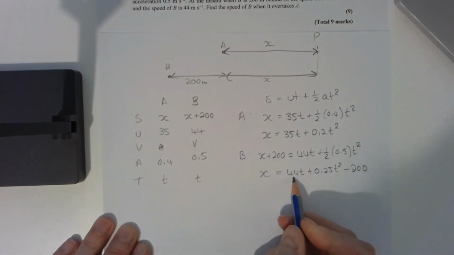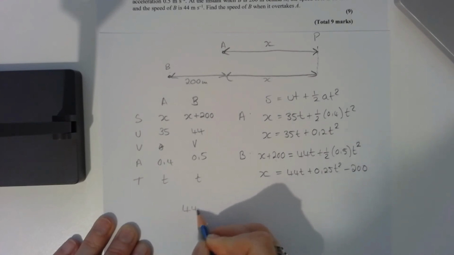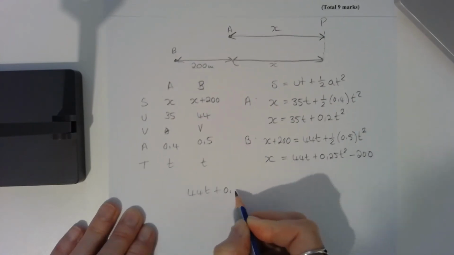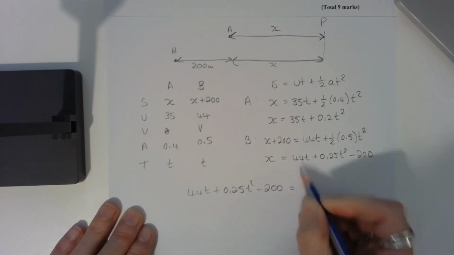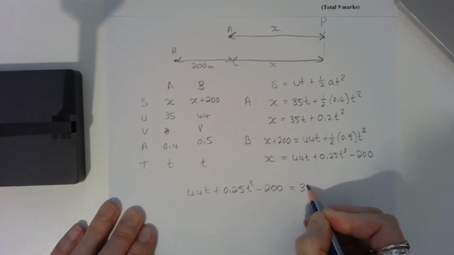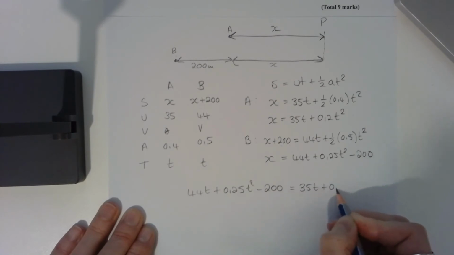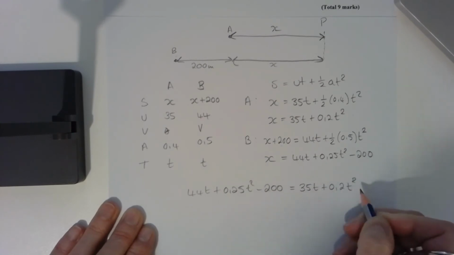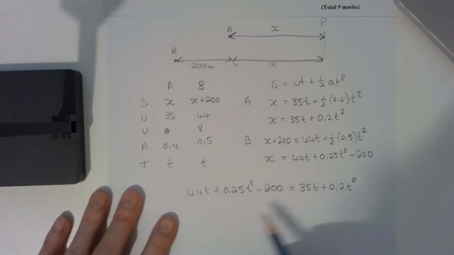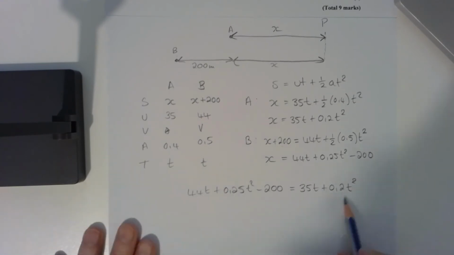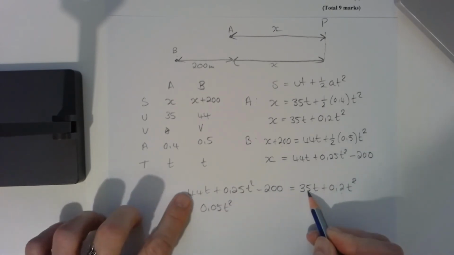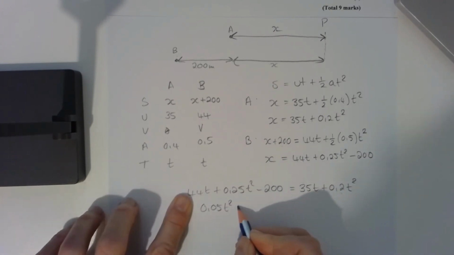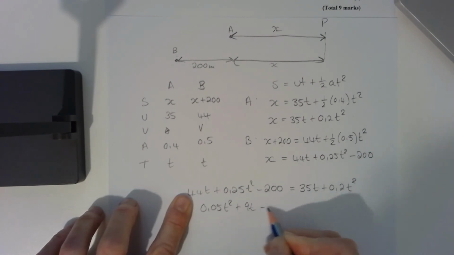I'll put this on the left: 44t plus 0.25t squared minus 200 is equal to 35t plus 0.2t squared. Now I'm going to subtract 0.2t squared from both sides. So 0.05t squared, subtract 35t, so plus 9t, minus 200 equals 0.